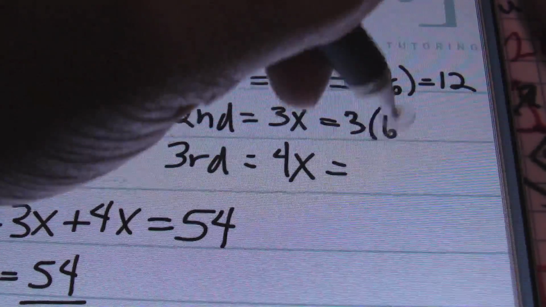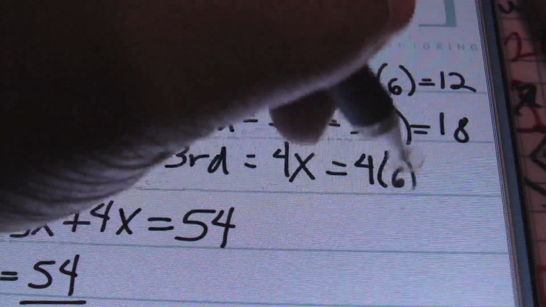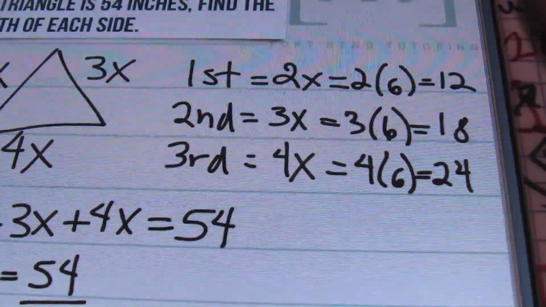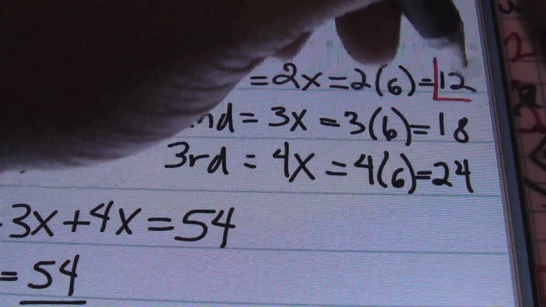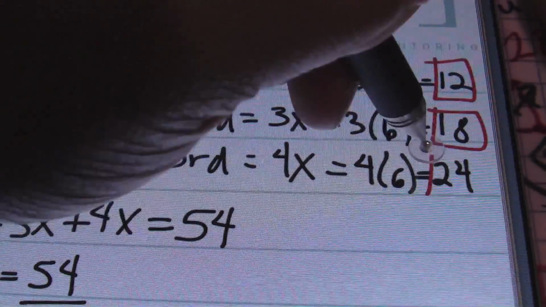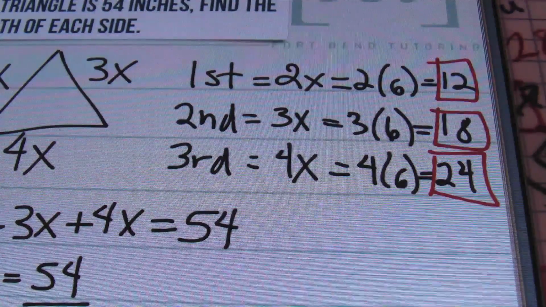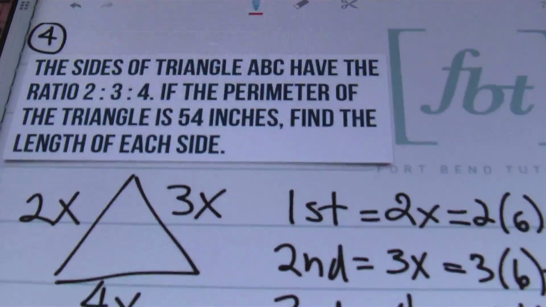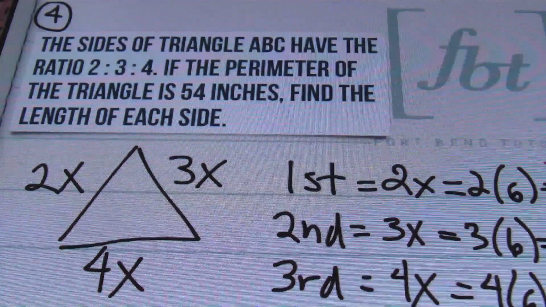I'll have 3 times 6, which is 18. I'll have 4 times 6, which is 24. And these are going to be the lengths of each side, ladies and gentlemen, just like that. 12, 18, and 24. And guess what? You add all those together, you'll end up with 54 for the perimeter. And that's the problem, ladies and gentlemen, just like that. That was problem number 4.